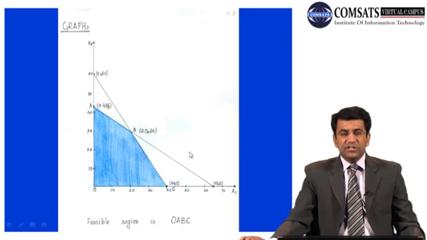And we are interested in the common area which is satisfying both of these constraints. So the highlighted area you can see on this graph is the area which is less than this line as well as less than this line. So actually this is the common area which is meeting both of our constraints. So this is our feasible region.